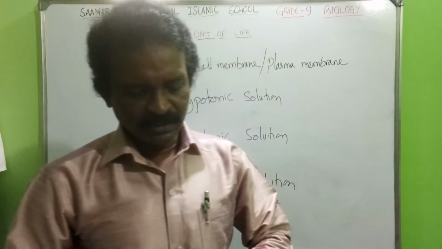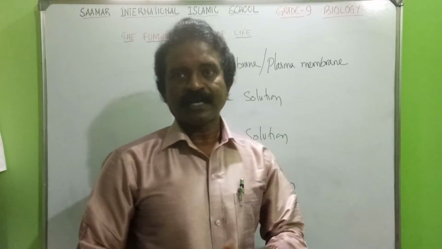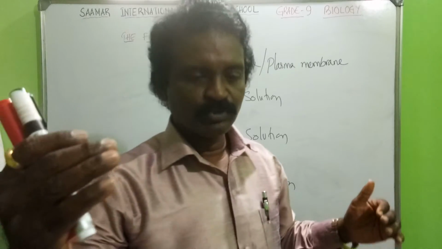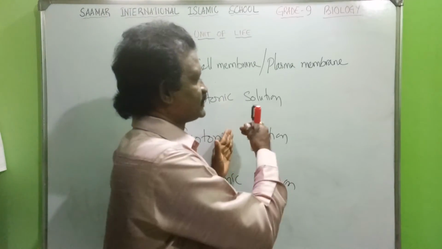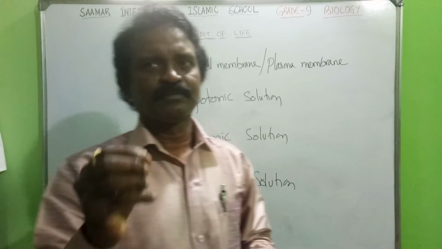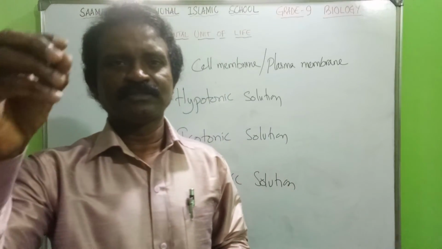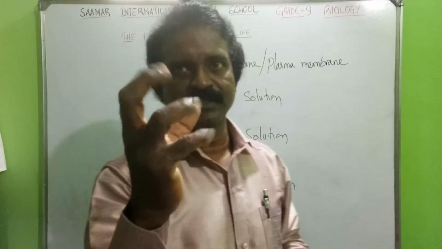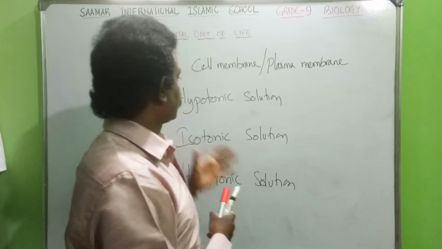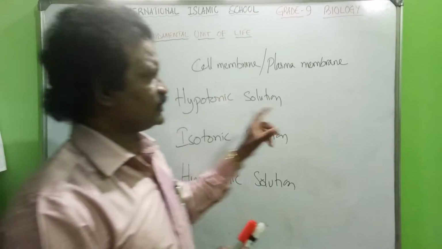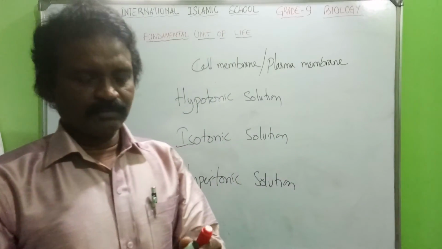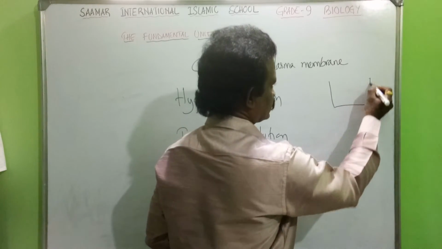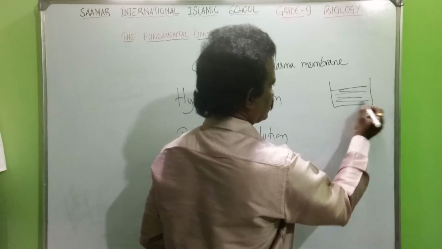Here, hypotonic, outside the cell has high concentration of water molecules. So the water molecules move from outside to inside the cell. For example, you have seen some small balls, they put it in the water, so it will take the water and become big. It's like a diffusion. For example, this is sugar syrup.